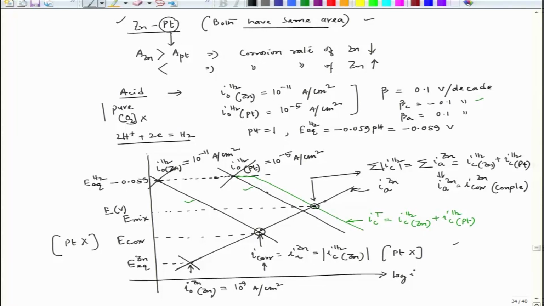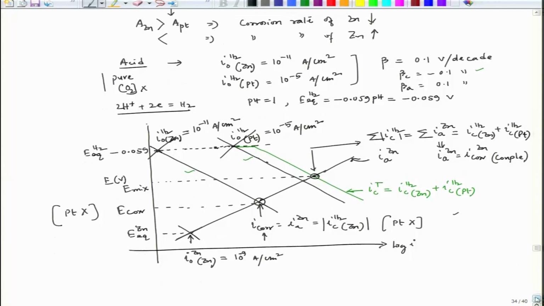So, let us solve this particular problem with the following data. So, these are the data that are available. So, our solution would be: what we need is E mix, and we need to find out E corr when platinum is not present and when platinum is present.